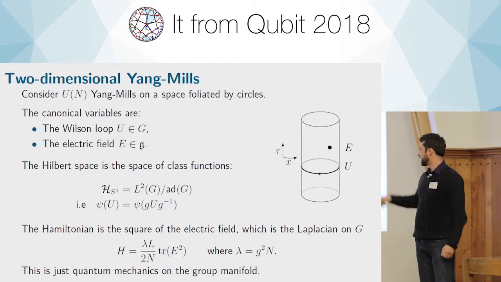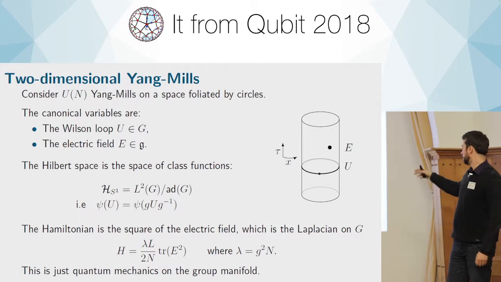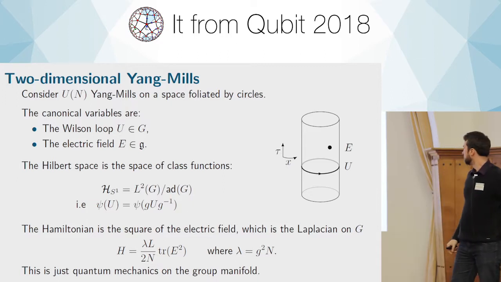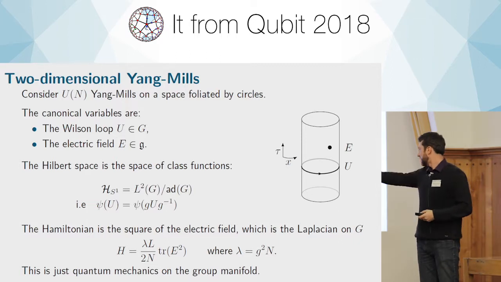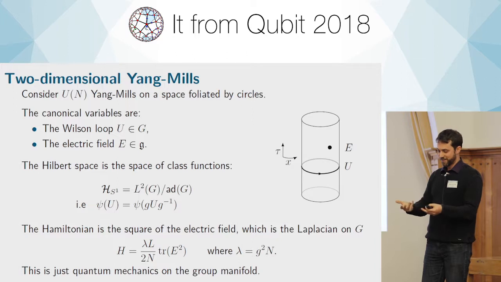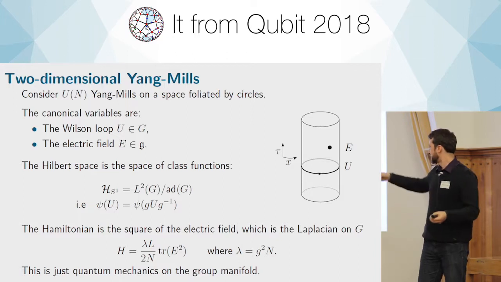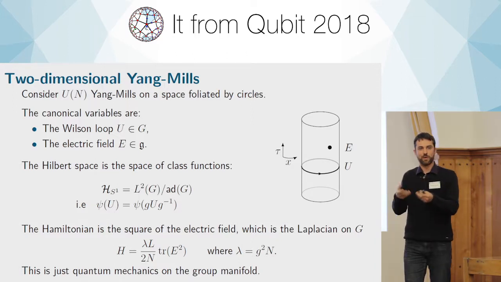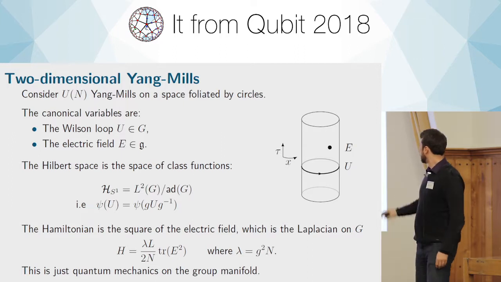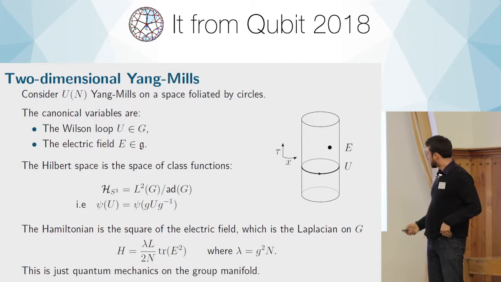The Hamiltonian is just a multiple of it, involving the 't Hooft coupling g squared N. So it's essentially quantum mechanics on the group manifold, but you take the sector that's invariant under this transformation. It'd be like doing quantum mechanics, but taking just the S wave or something like that. Okay. So that's our quantum mechanical system.